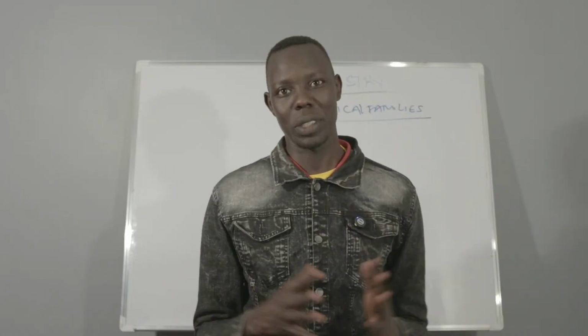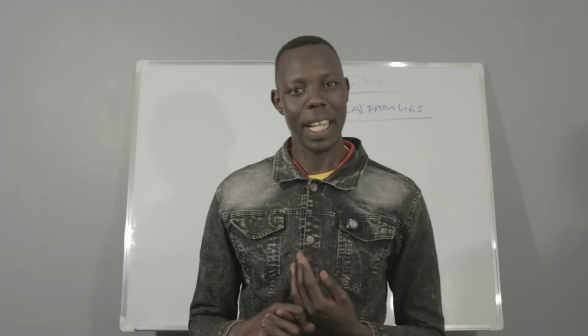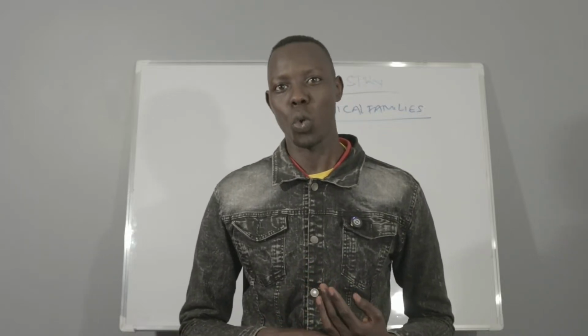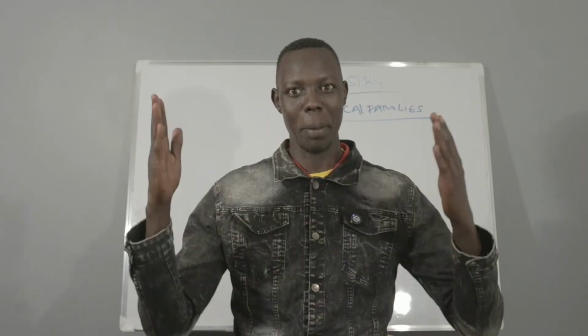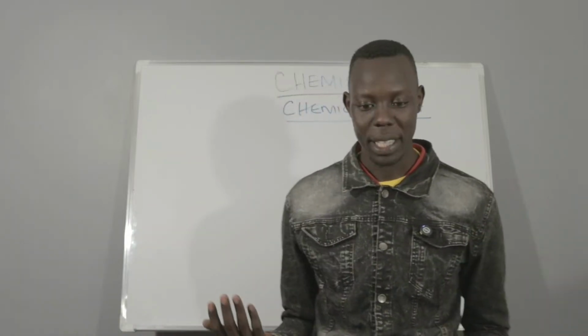Now, we are going to see alkali metals. What are you supposed to know concerning the alkali metals? We are supposed to know what the members are, which are lithium, sodium, and potassium. Those are the members of alkali metals.